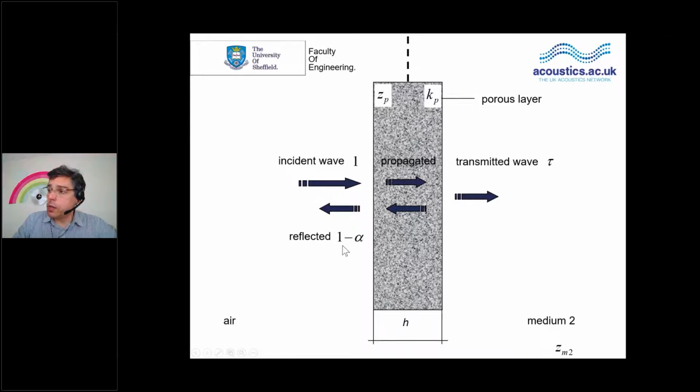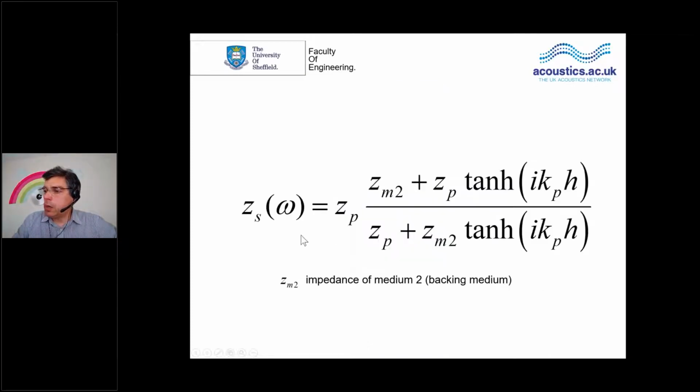So there will be a reflection coefficient, a transmission coefficient, and an absorption coefficient. And it goes from medium 1 to medium 2. So this is the basic equation which links the characteristic impedance of the porous medium with the impedance of the backing medium, the wave number in the porous medium, and the thickness of the porous medium.